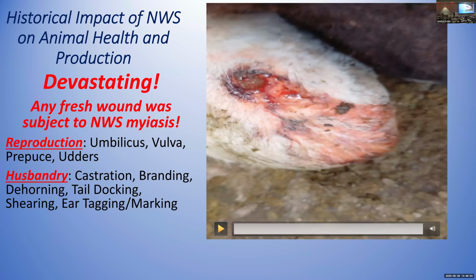If a calf is a little rough nursing and the teat cracks, well, we got a wound. If a bull is walking through the pasture and it's rough grass and he gets a small wound on his prepuce, or even if he doesn't, the mucous membranes of the prepuce are certainly a potential site of infestation. Did the video run? Okay, pretty gross.